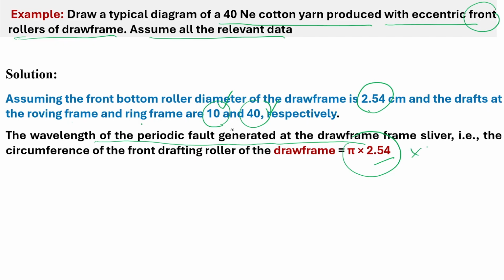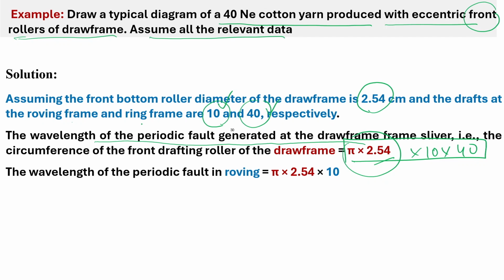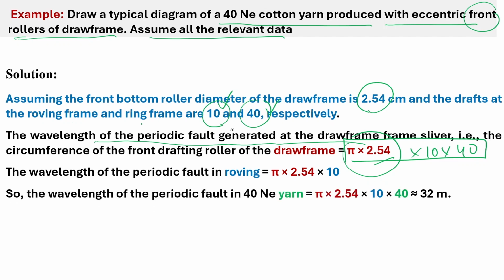So this multiplied by 10 and by 40 will be the wavelength in the yarn. This much centimeter works out to 32 meter. So, 32 meter is the wavelength of the periodic fault of the yarn.